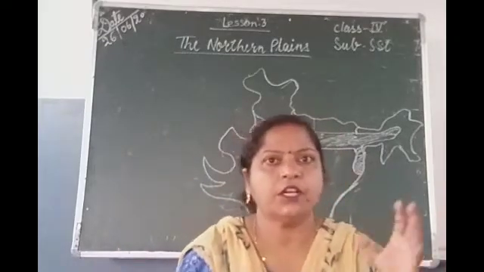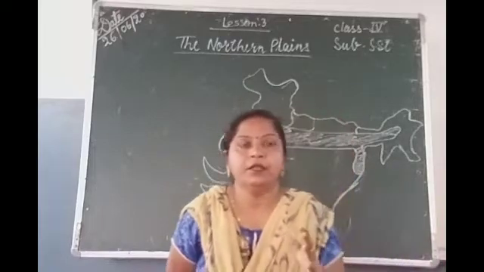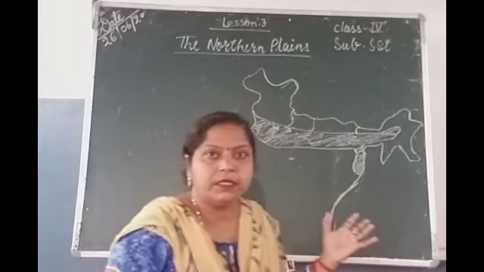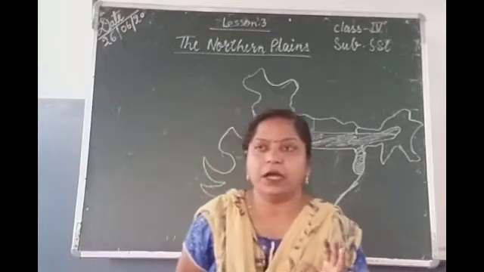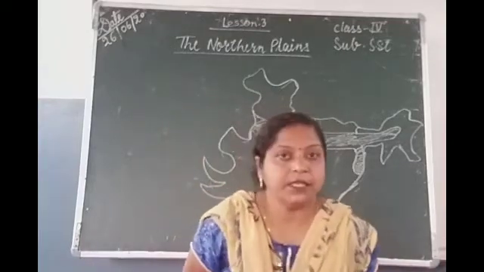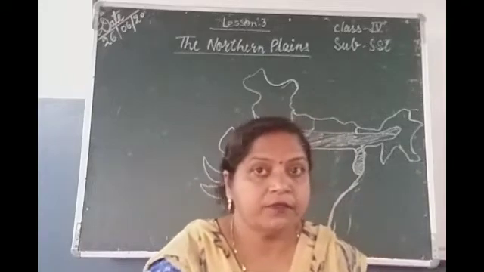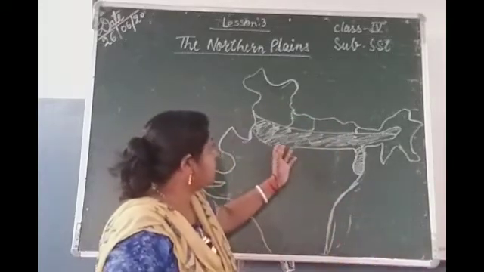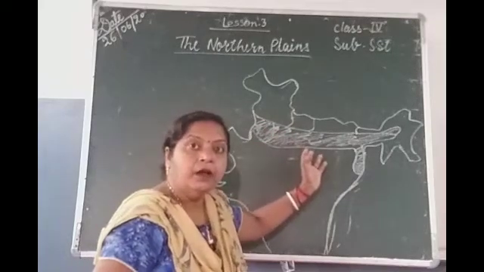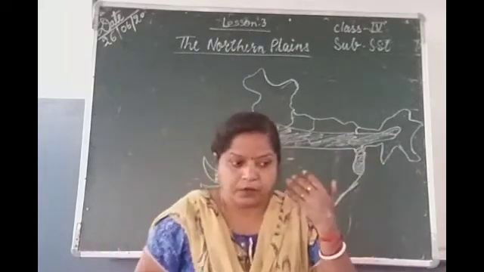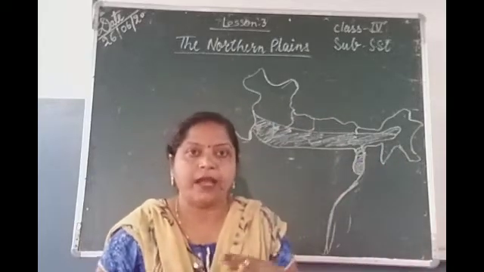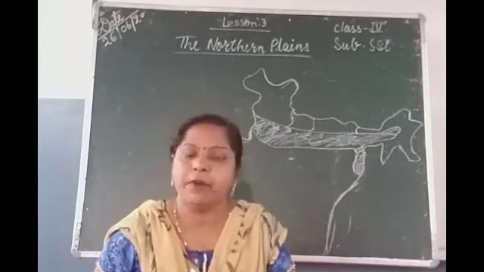The rivers which originate from the Himalaya water these plains, so these plains are known as the basins, and they are very fertile. These plains are very fertile because they are made by the soil drawn by the rivers which come from the Himalaya.